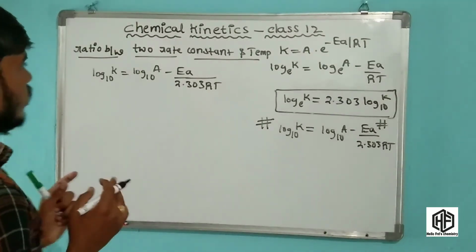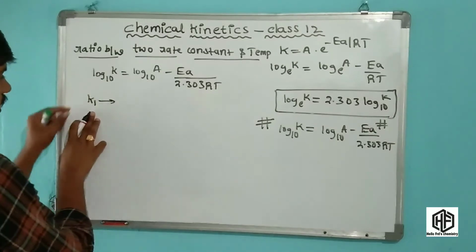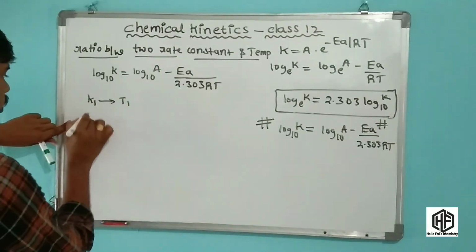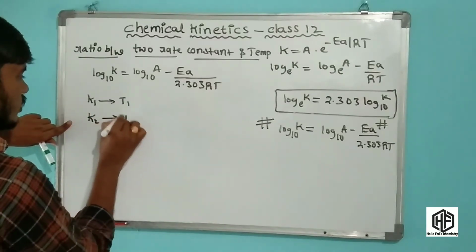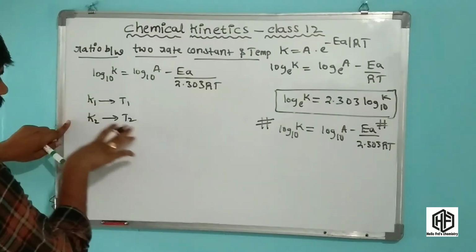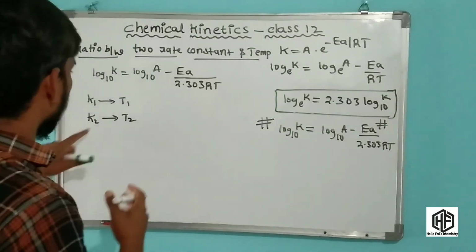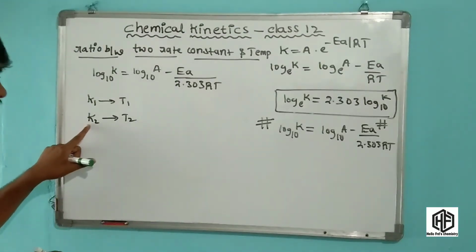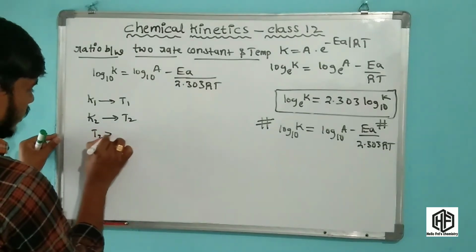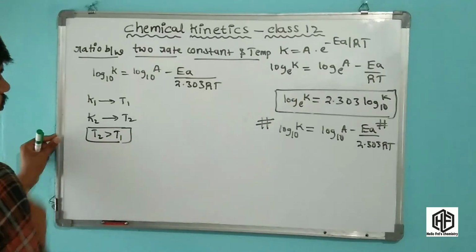Now two rate constants. At temperature T1 the rate constant is K1, and at temperature T2 the rate constant is K2. It means T2 is greater than T1, a higher temperature compared to T1.